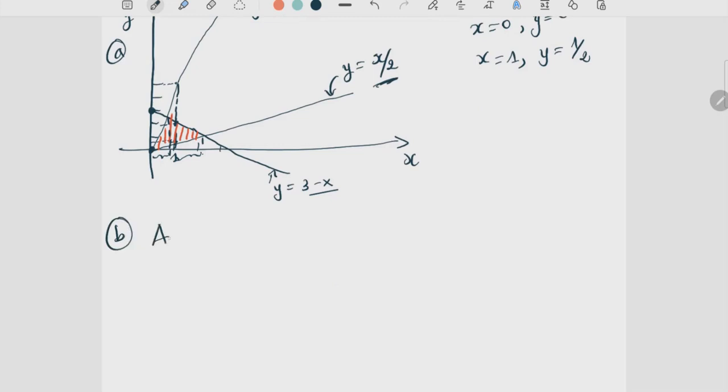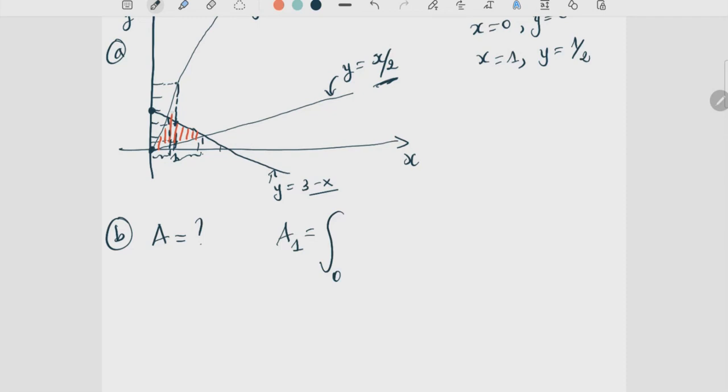So our B is asking us for the total area of that region. So we'll have to estimate the areas of the two separate regions, because, like I said, we divided this total area here into two sections. So the area of the first section is going from 0 to the intersection, right?